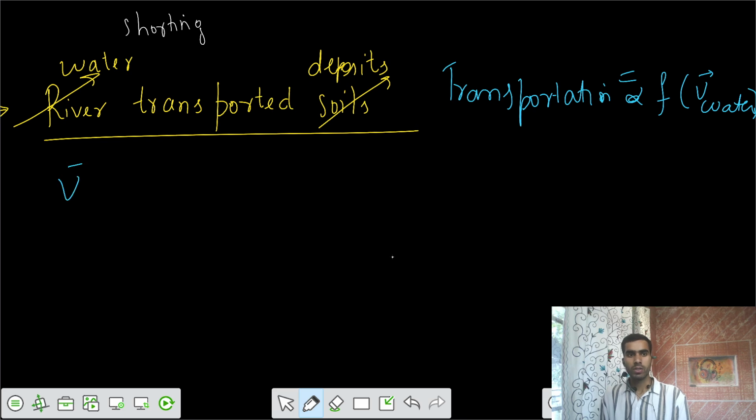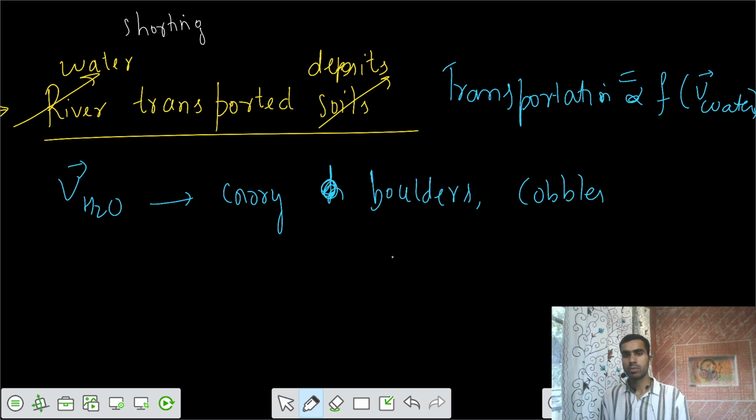If the velocity of the water is more, it has the potential to carry bigger particles. Bigger particles means it can carry boulders, cobbles.